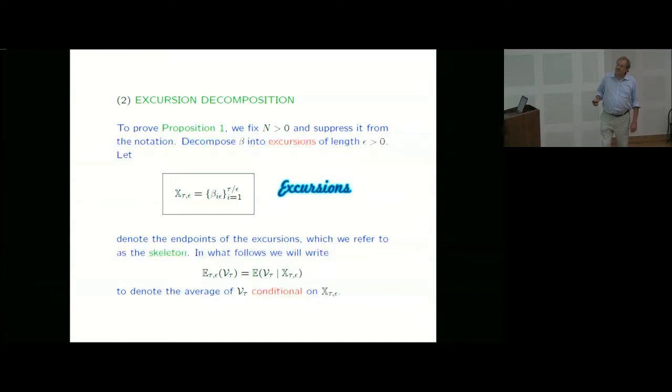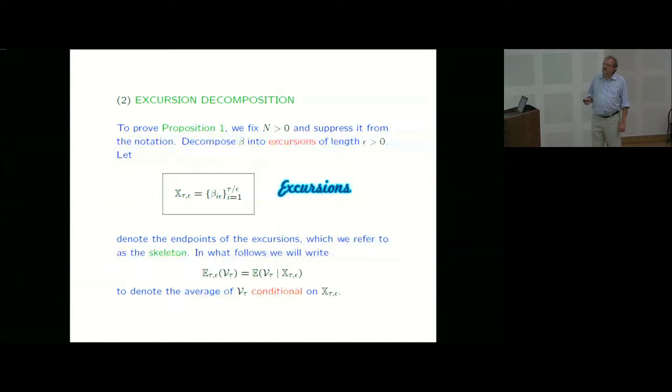Okay, so let's go to the second part, which is this excursion proposition. So now we're embarking on proving this first proposition. n is fixed, so the box is there. We're not going to change that box anymore. It will stay fixed until we get to the very end, which is this decompactification argument.